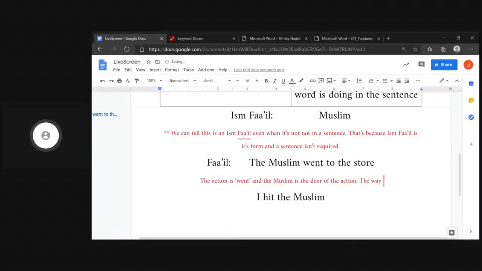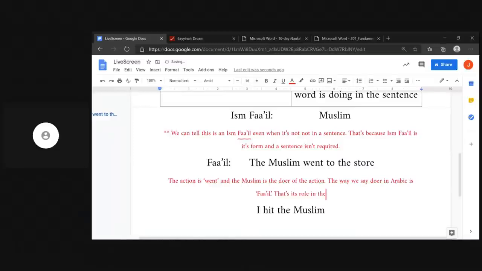The way we say doer in Arabic is fa'il. That's its role in the sentence.